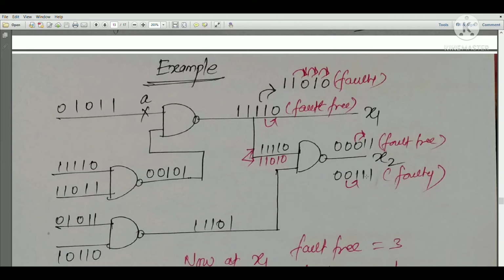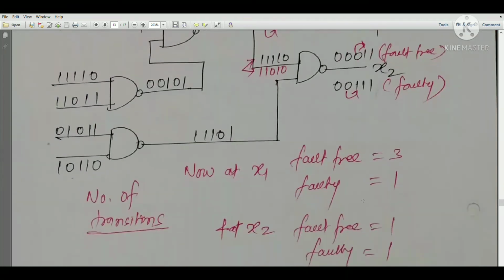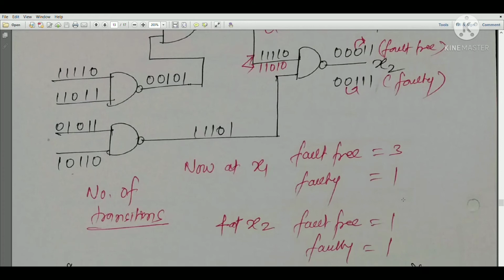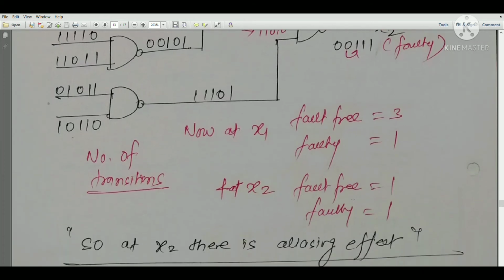So can you check by just having the transition count whether your circuit is faulty or not? You cannot, because for x1 the fault free transitions are 3 and faulty is 1. Here you can check, but in the case of x2, the transition count is 1 for fault free, and for faulty also it is 1. So for x2 there is an aliasing effect.